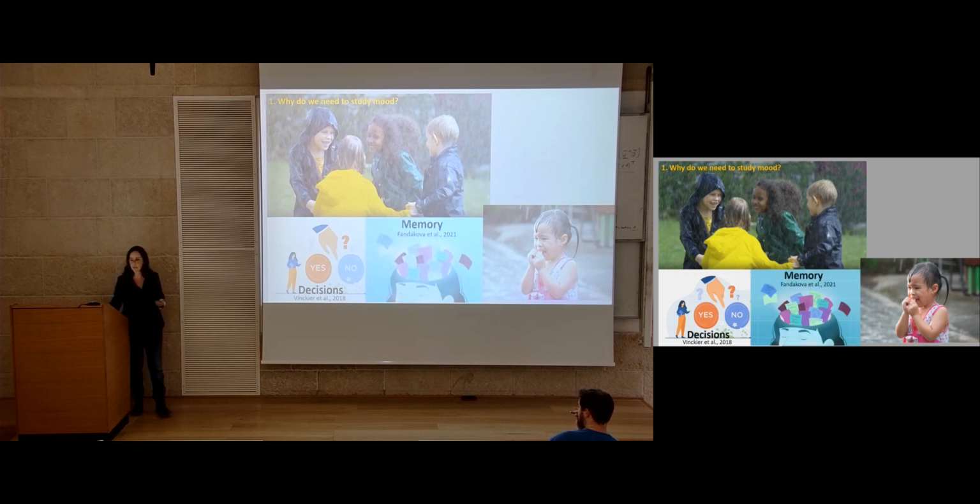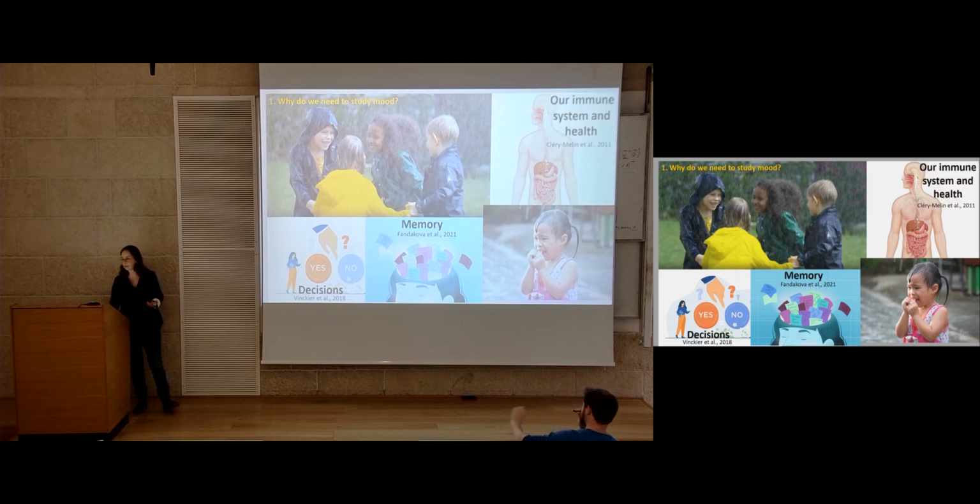It affects our memory, and many studies have shown that the valence of events can affect how and what we remember, and how strongly. More studies show how it can also affect our physical well-being and health, our immune system, microbiome. Today the field of showing these different connections is growing.